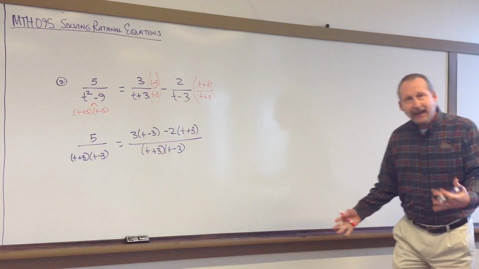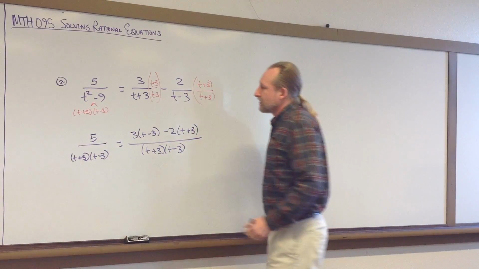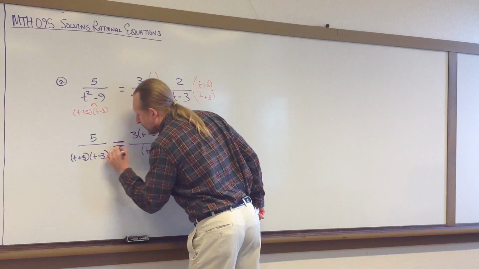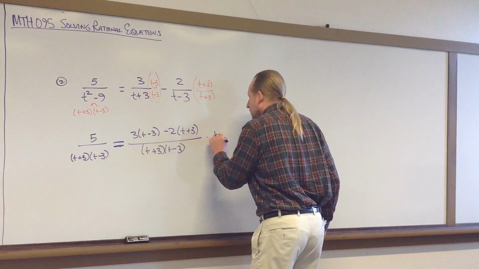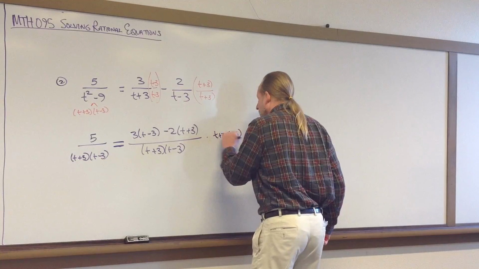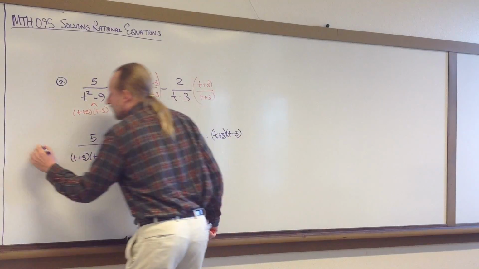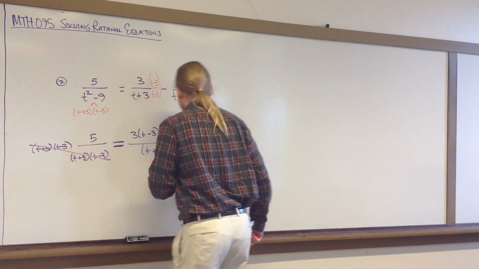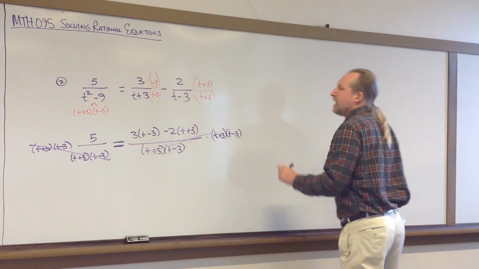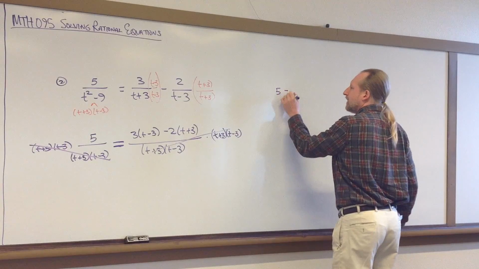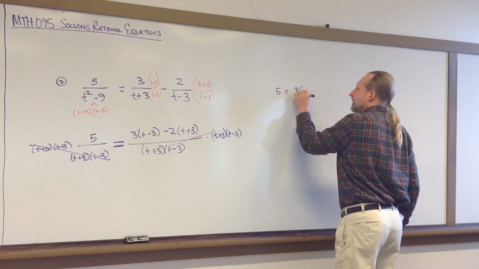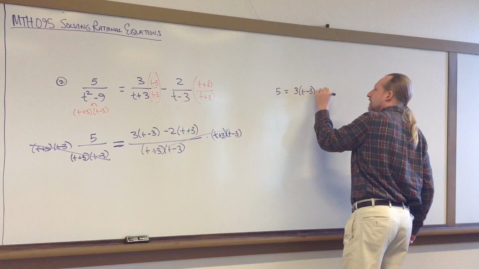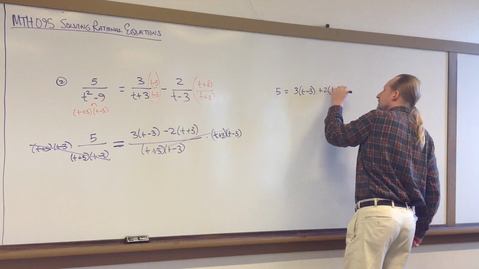Okay, now the next step is key to this. Because we're dealing with an equation, we can clear out this denominator by multiplying on both sides by t plus 3 times t minus 3. So these will cancel, and we'll come out of this with 5 equals 3 times t minus 3 plus 2 times t plus 3.